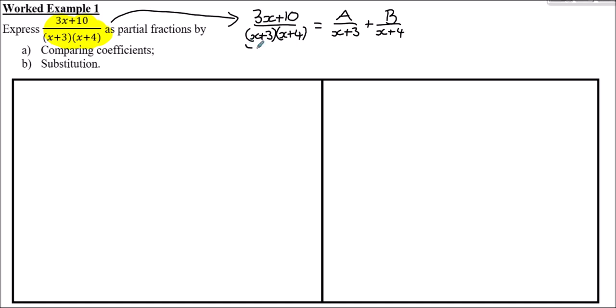Now what I'm going to do is multiply both sides of this by the entirety of all the linear denominators on the first fraction. So I'm going to multiply everything by (x + 3) and by (x + 4). What that'll give us on the other side: this fraction, if I multiply by the denominator, that undoes the denominator, so that'll just give us 3x + 10.